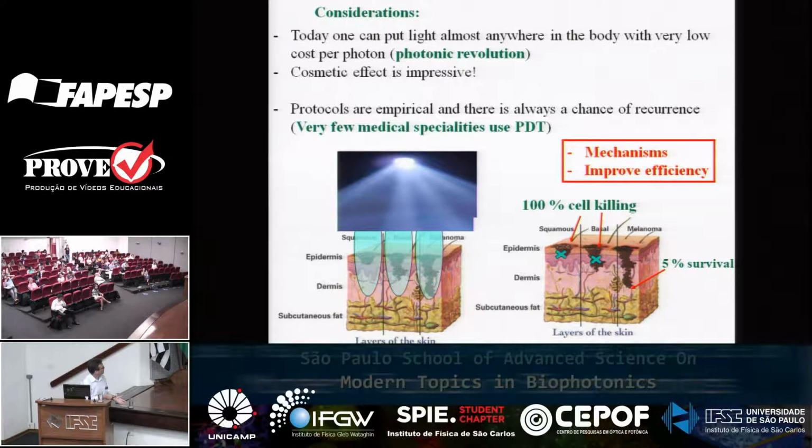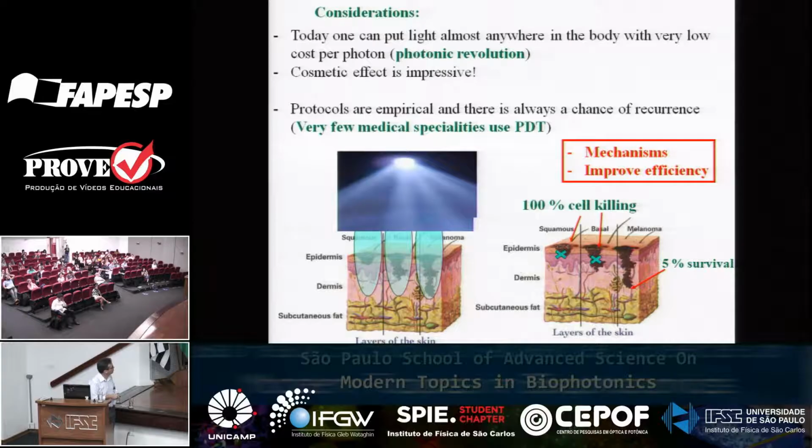But depending on where the tumor is, or where the infection is, you actually cannot have a lot of light, or a lot of dye. So that's the reason for survival of the diseased tissue, bacteria or cancer cells, and the disease will not be cured.